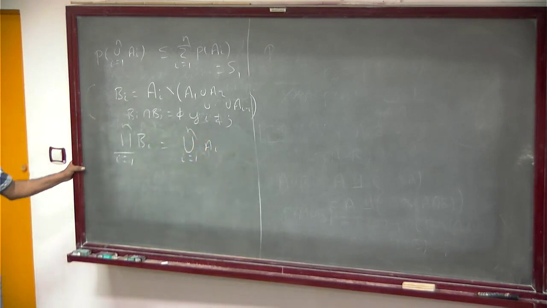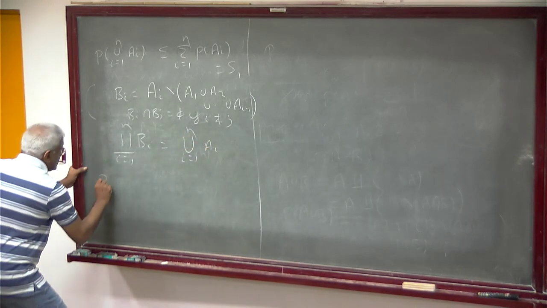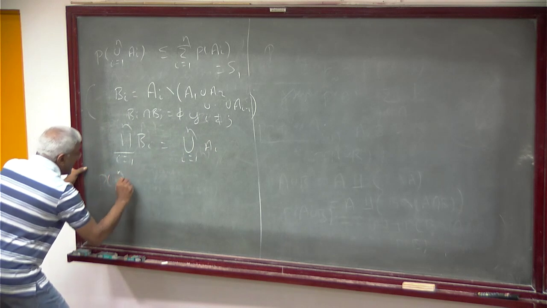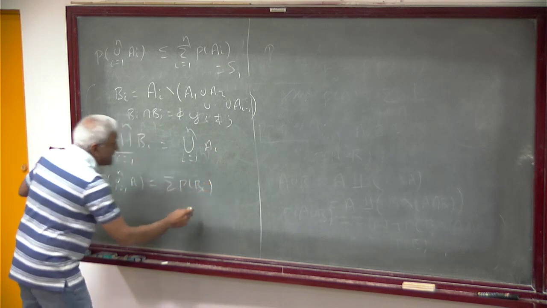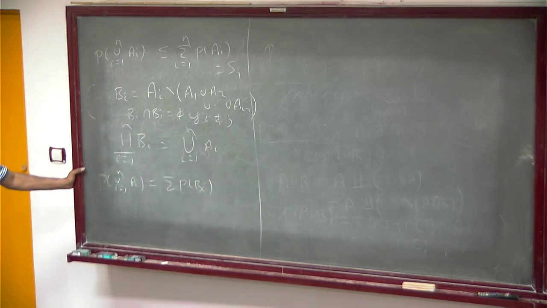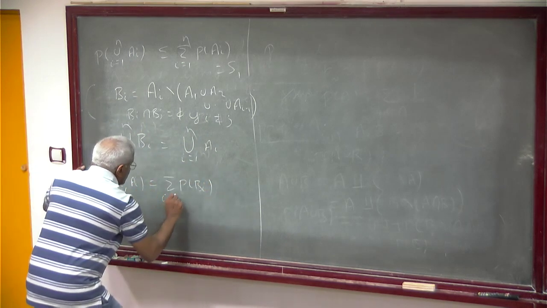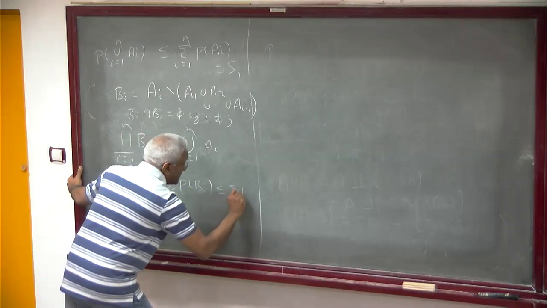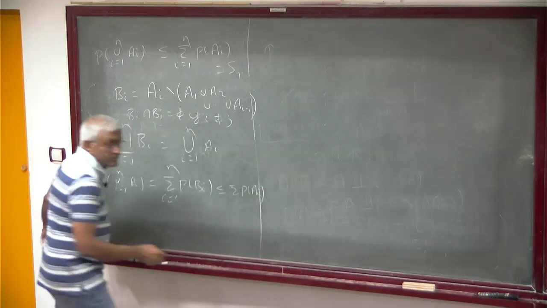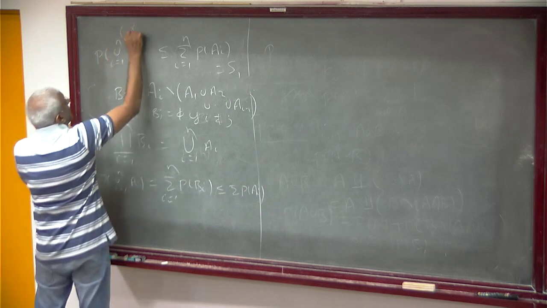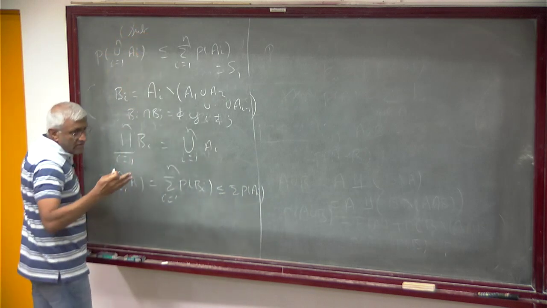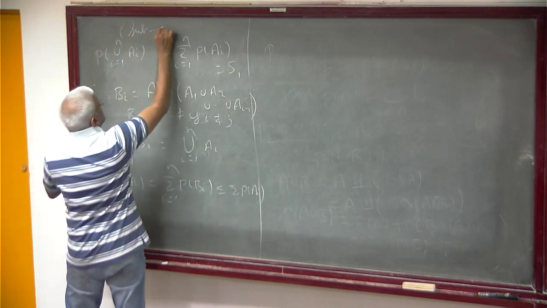So this implies the probability of union of i equal to 1 to n of Ai is equal to the summation of probability of Bi. But Bi is a subset of Ai, so this is less than or equal to the summation of P of Ai. This property is what is called subadditivity of probability measure or function, whatever you want to call it.